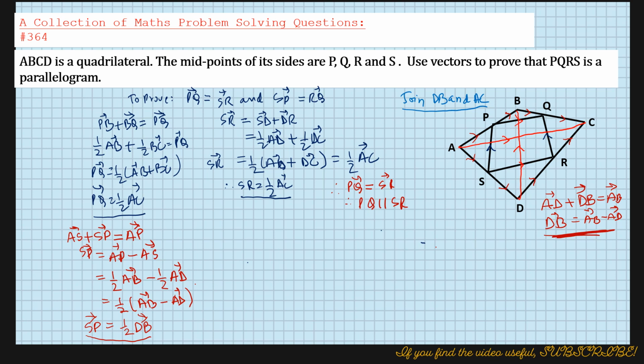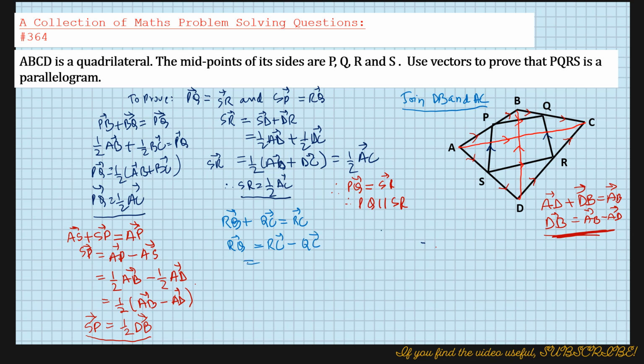The next one is we start with RQ. RQ plus QC is RC, so we write RQ plus QC equals RC, and RQ therefore would equal RC minus QC.